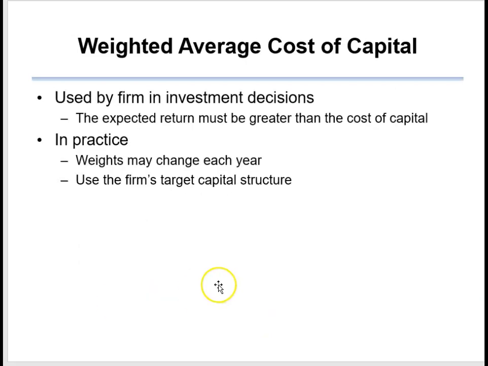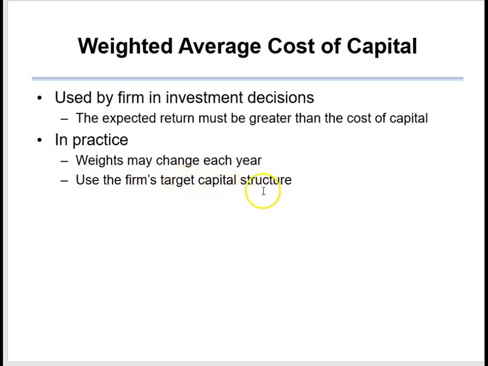All right, so the weighted average cost of capital is used in making investment decisions. We want our expected return to be greater than that weighted average cost of capital. Now, when we do this in practice, they may change each year, right? We're going to change how many bonds we've got, how much stock we've got, our leverage will change. So in that case, what we want to do is use our target capital structure.